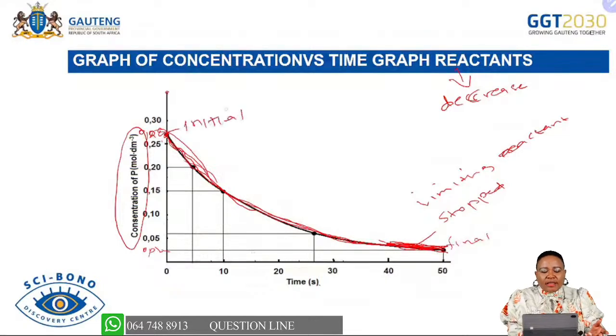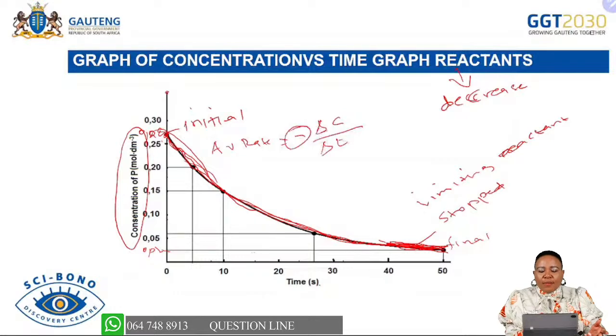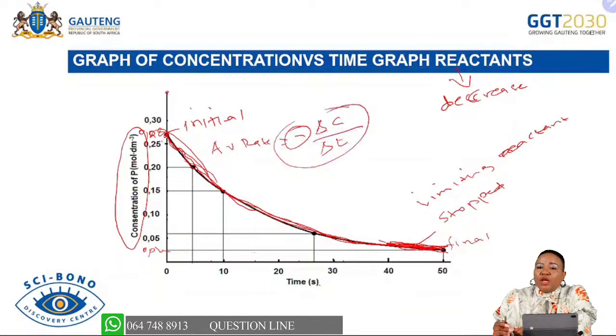So that is why, if we calculate the average rate, we're going to say minus the change in concentration of the reactants over the change in time. So the minus will assist us not to have a negative value as we are calculating the rate, because the concentration of the reactants decreases.